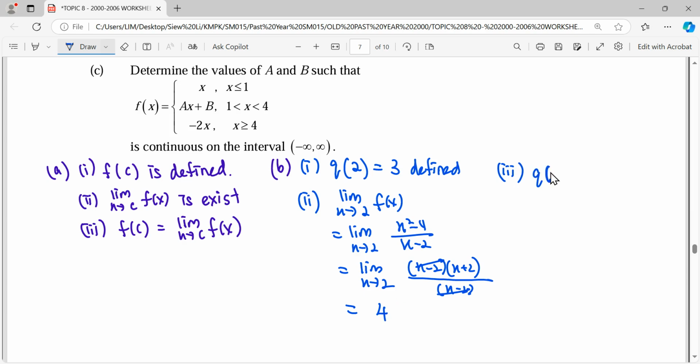So we can notice that the coordinate for x equals 2 is not the same as the limit as x approaches 2 of the function. So this function should not be written as f(x), it should be written as q(x).